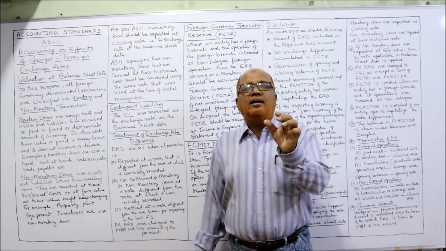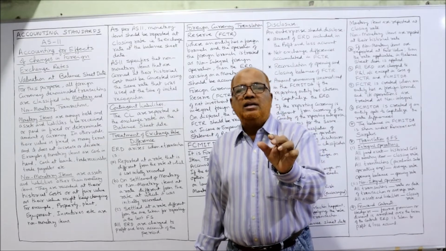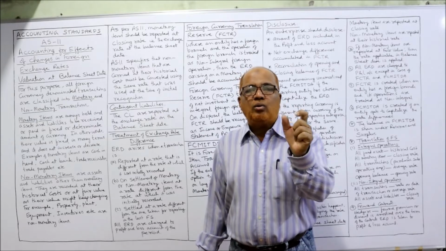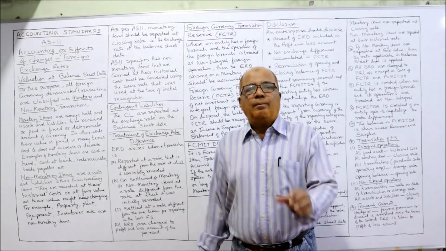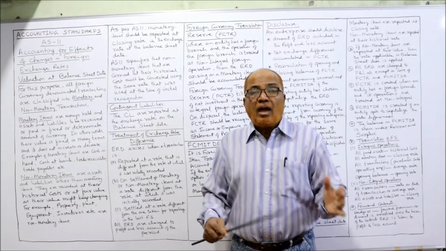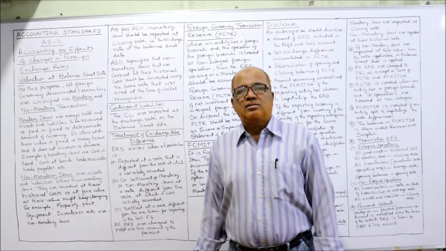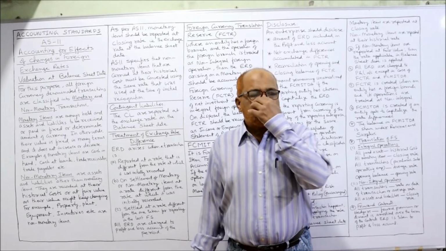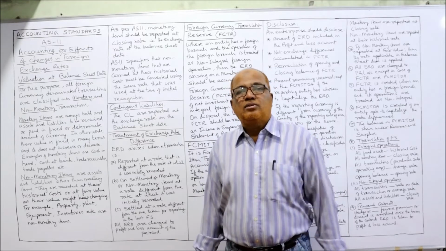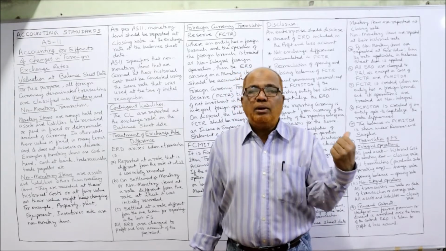That means those items of assets or liabilities which have a fixed or determinable amount of currency. For example, the business has to receive $10,000. The amount is clearly mentioned: $10,000 is to be received or $10,000 to be paid.